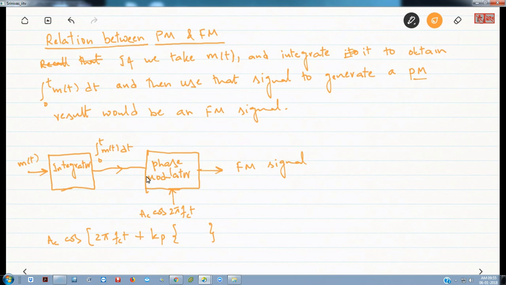But in the above diagram, we are using the modulating signal as the integral of m of t. So here I should use not m of t, but the integral of m of t. And this is nothing but your frequency modulated signal.